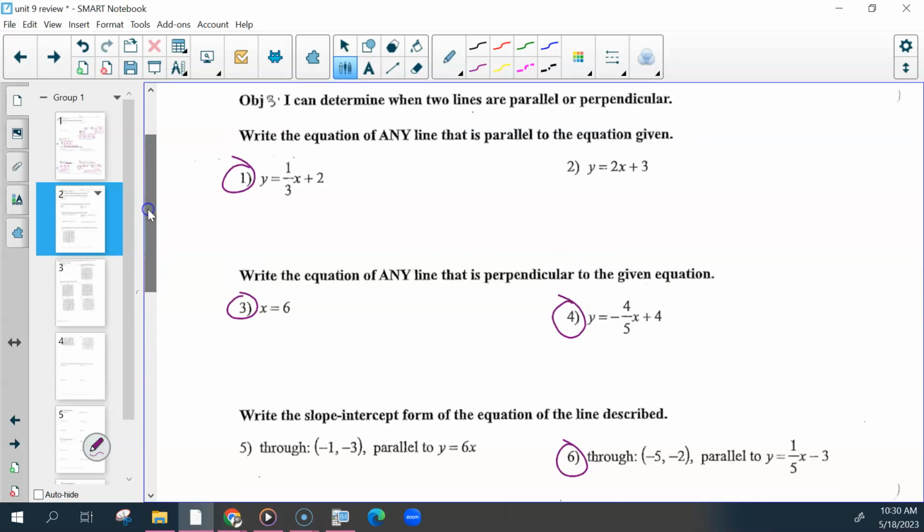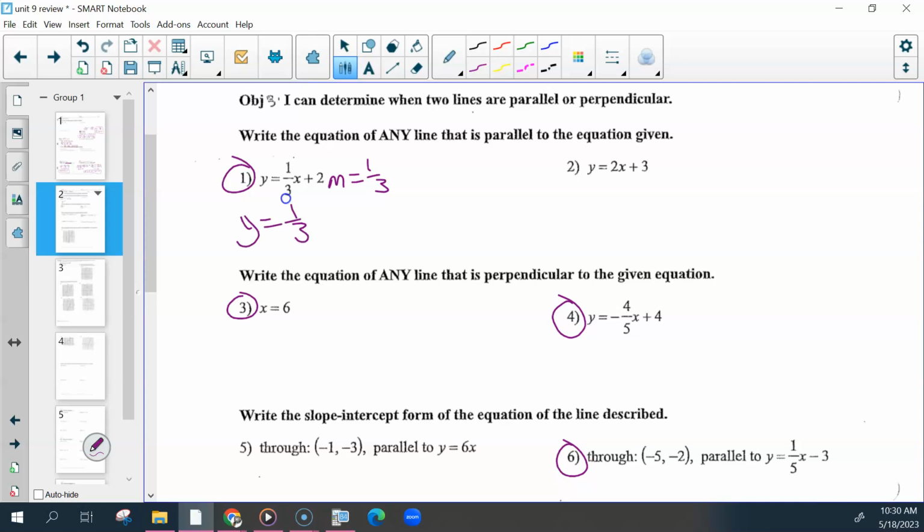You have to write any equation that's parallel to this one. Parallel means the slope is the same. That means whatever the slope is, that's what it's going to also still be, the 1/3. Then you're going to write a new equation in that same format, y equals mx plus b.